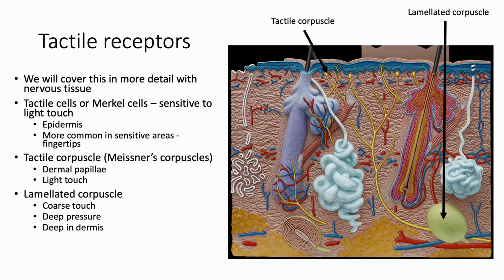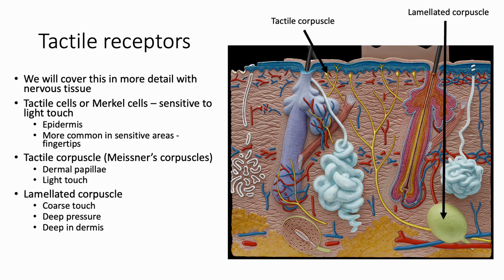All right, and then we'll just talk for a second about some tactile receptors. Again, we're going to get into more detail about this when we talk about senses and nervous tissue, but we're just locating some of these while we're looking at the integument. I have 3 listed for you. So we have the Merkel cells, remember that we mentioned earlier when we were talking about our epidermal tissue.